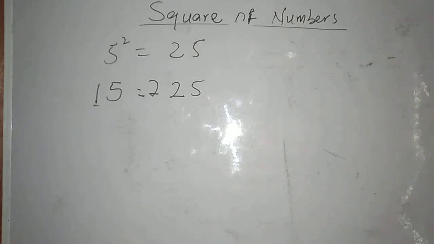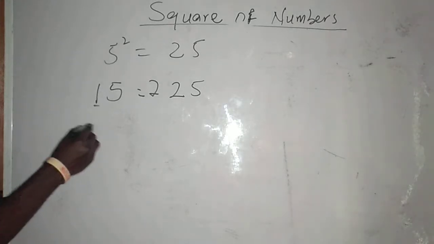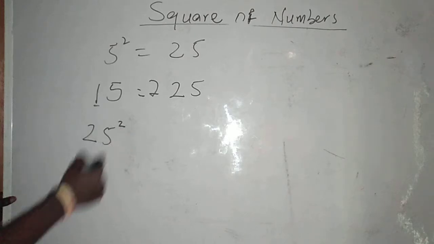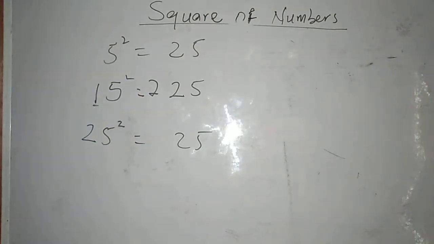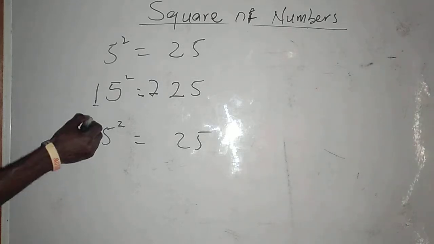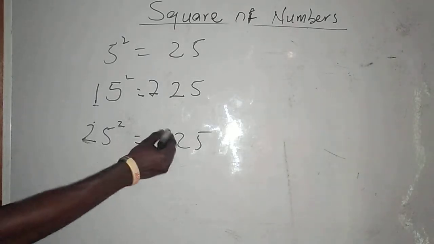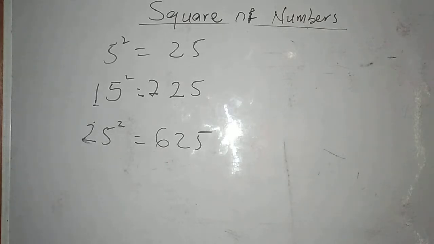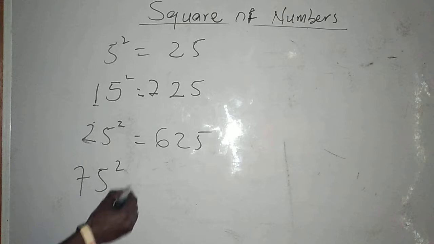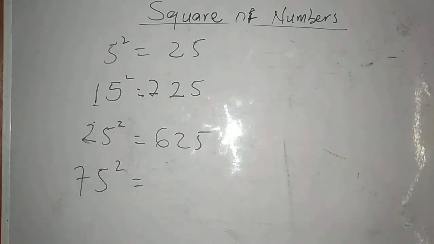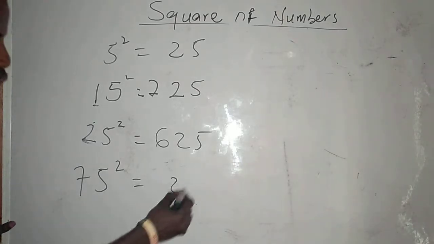That is 225. If I have 25 squared, for instance, 25 is my ending. What is next is 2 times the number after 2, which is 3, which is 6. Now, if I have 75 squared, for instance, it will end by 25.